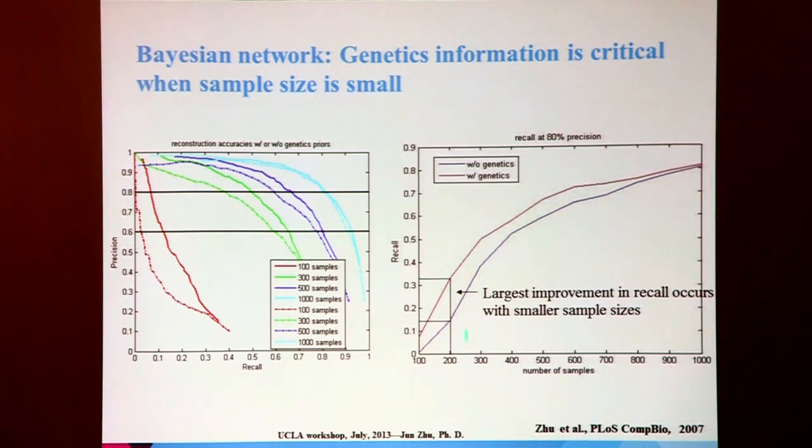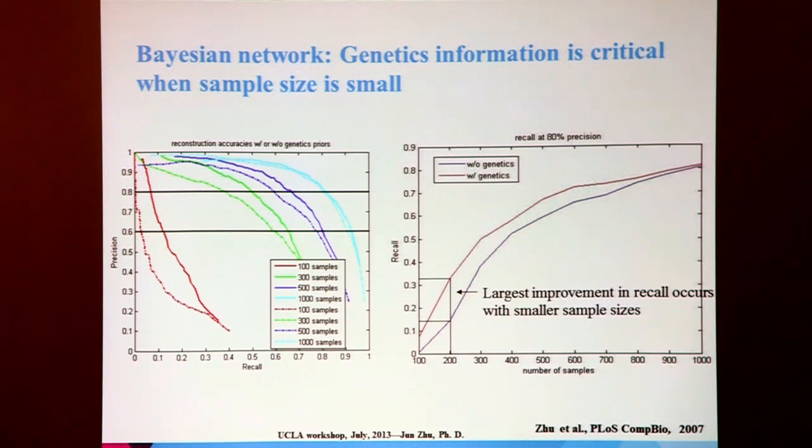What it means is that at a lower number of samples, the improvement the genetics give you is larger. In another sense, in experiment design, if you want to capture all this data, the best value for the gain from generating all the data is when the sample size is small.